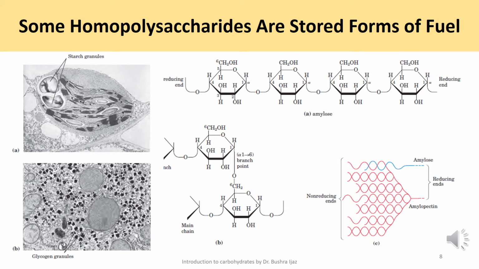Such glycogen granules also contain, in tightly bound form, the enzymes responsible for the synthesis and degradation of glycogen. Because each branch in glycogen ends with a non-reducing sugar unit, a glycogen molecule has many non-reducing ends and branches, but only one reducing end.